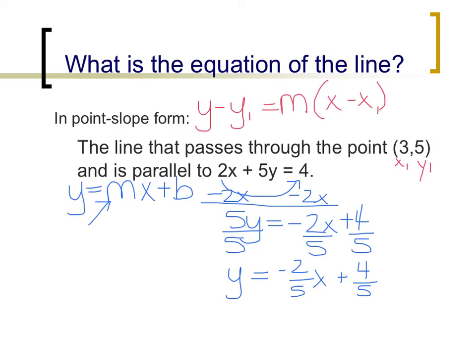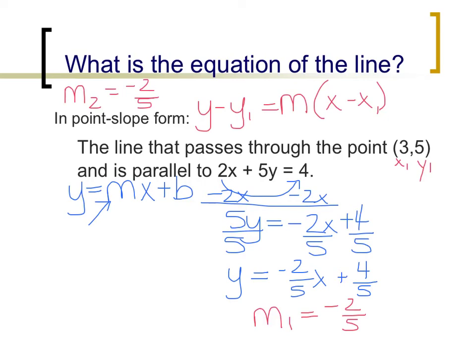Since I'm writing an equation of a line that is parallel, I know that I want my slopes to be the same. So in my first equation, my slope is negative 2/5. That means in my new equation, my slope will also be negative 2/5.